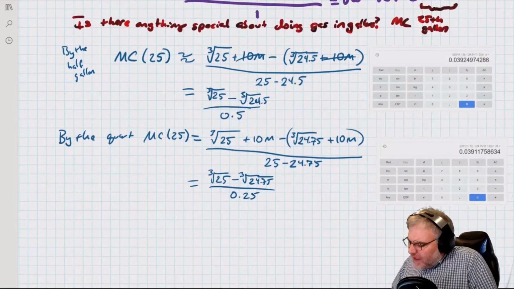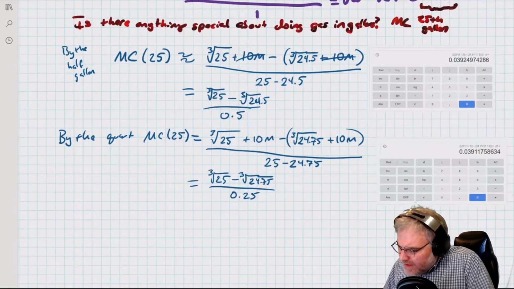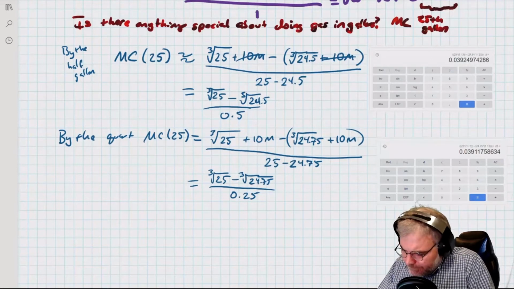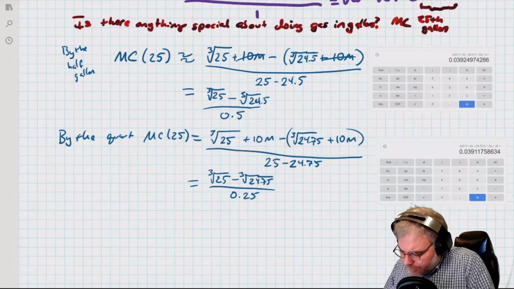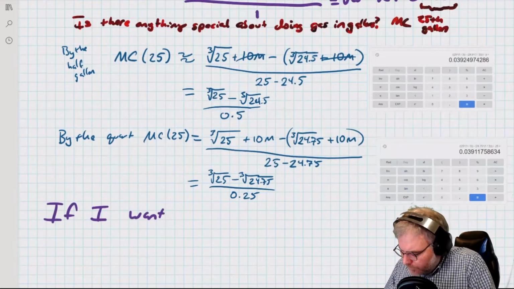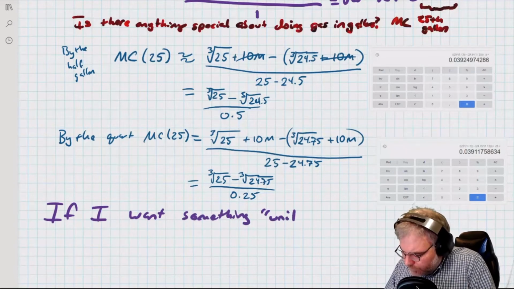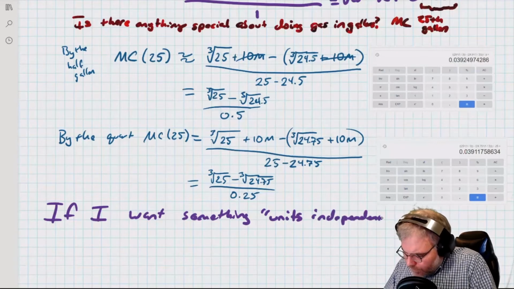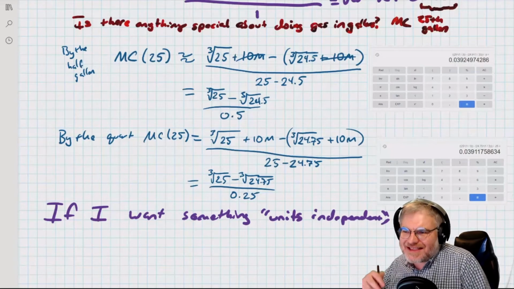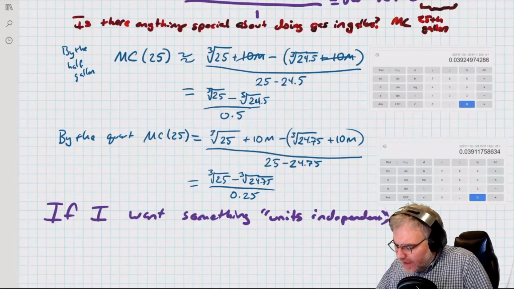But I could do something even better. If I want something that's units independent, okay, for marginal cost, and I say units independent because it's not actually, it's still in price per gallon. This is still in dollars per gallon.